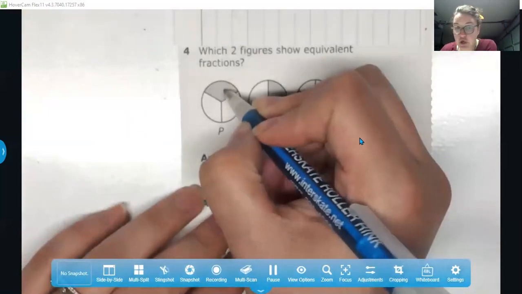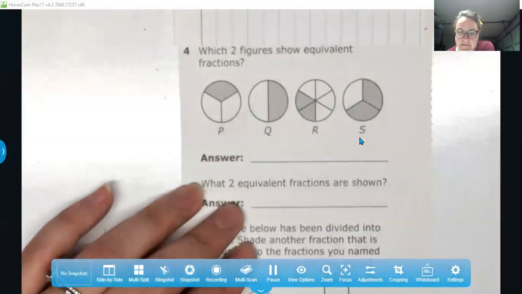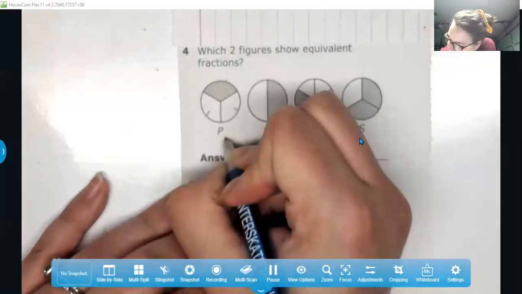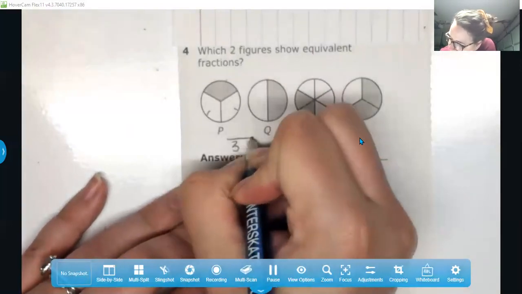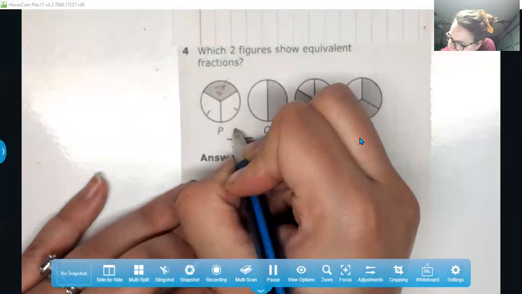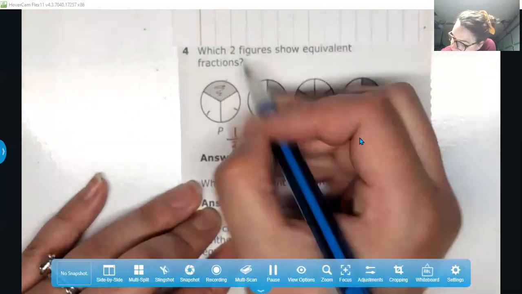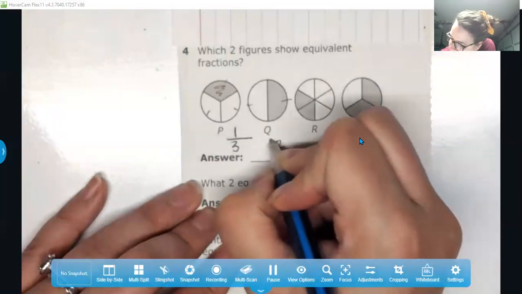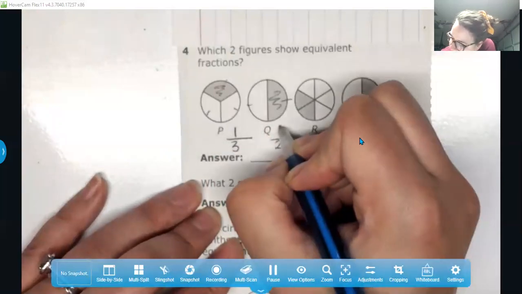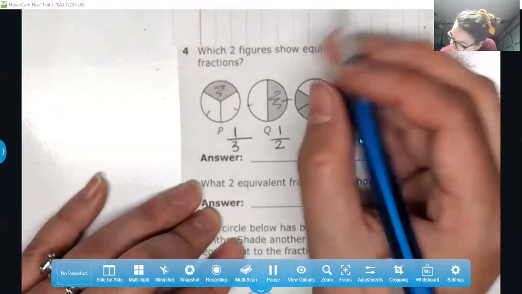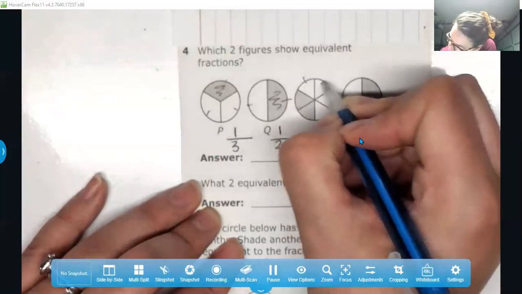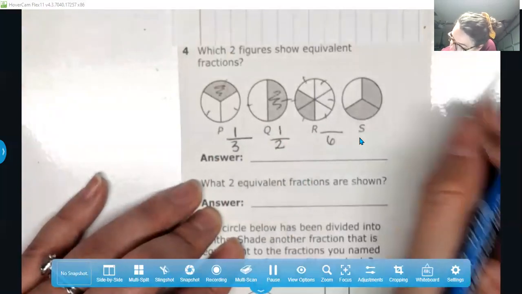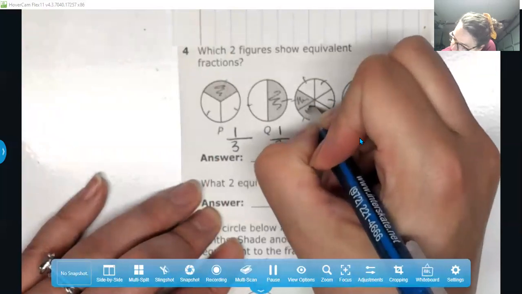So I'm going to start with P. It is 1, 2, 3 as my whole, and my part is 1. I've got 1, 2 as my whole and 1 is my part for Q. For R, we've got 1, 2, 3, 4, 5, 6 as my whole and 1, 2 as my part.